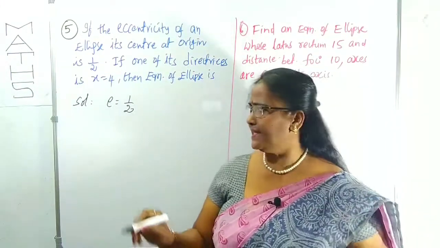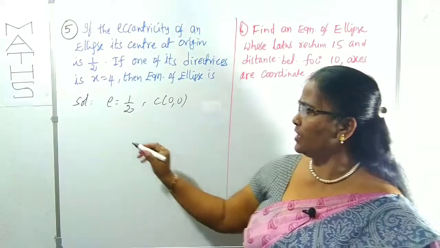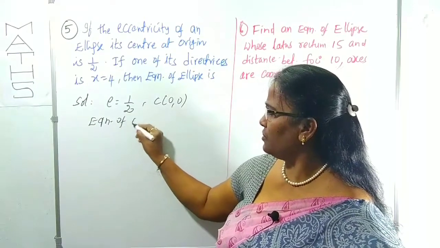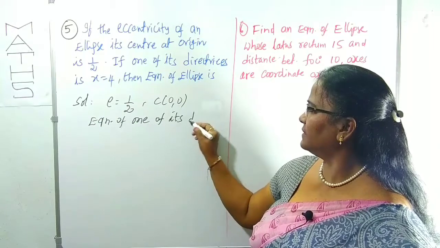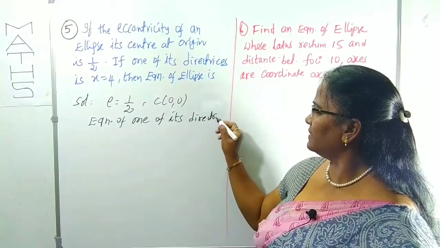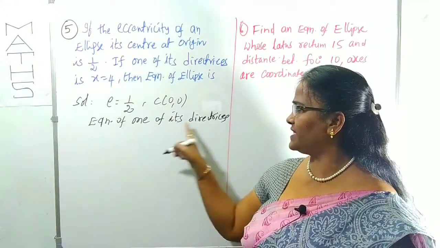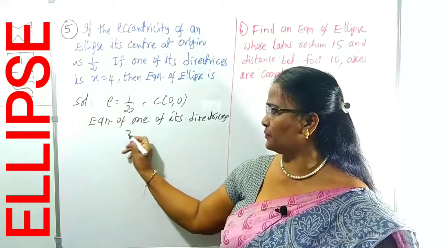Center is at the origin, 0, 0. Directrices is the plural of directrix, and one of its directrices is given, the equation is x is equal to 4.